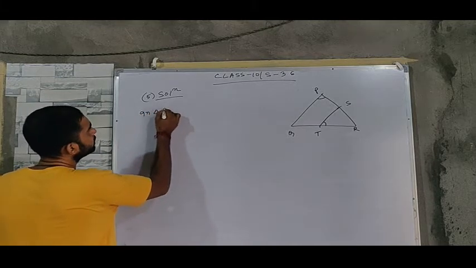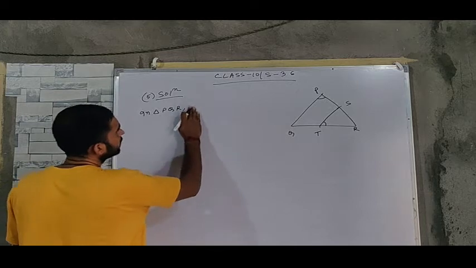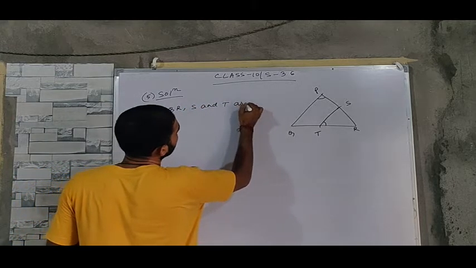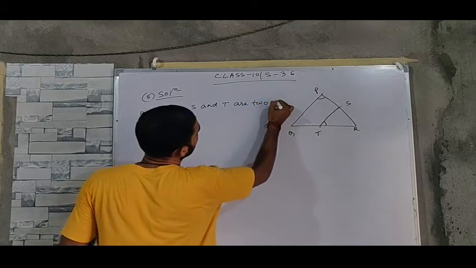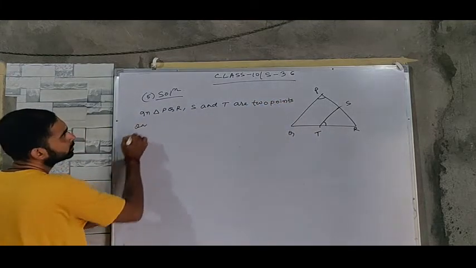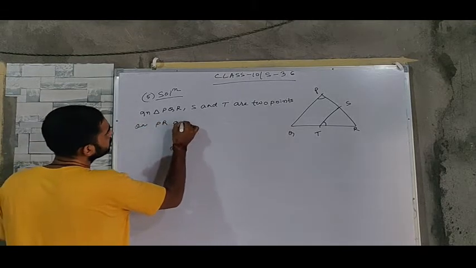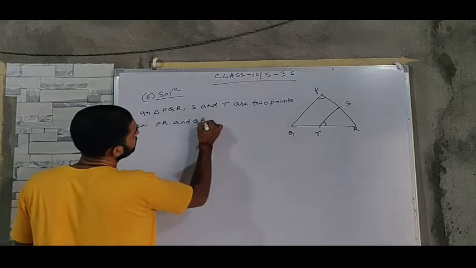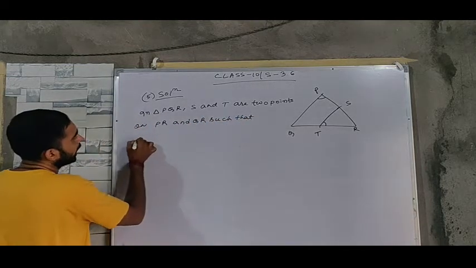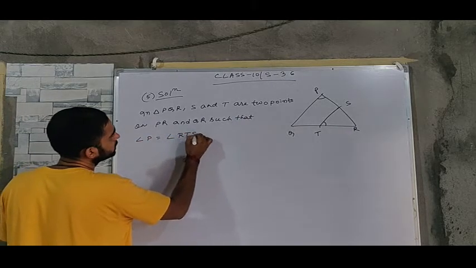In triangle PQR, S and T are two points on PR and QR such that angle P equal to angle RTS.